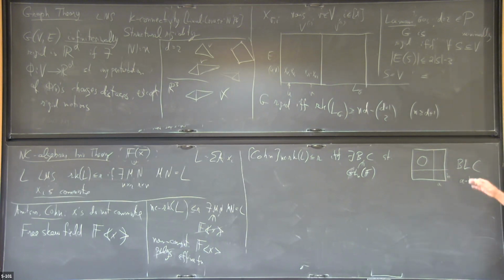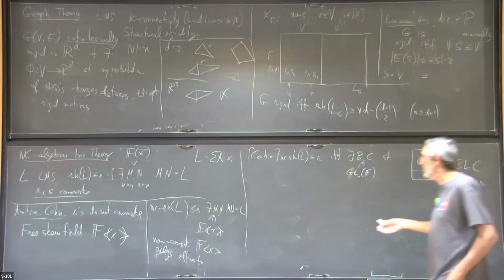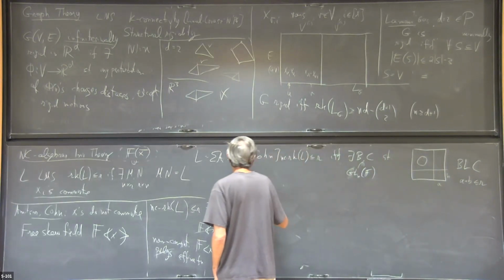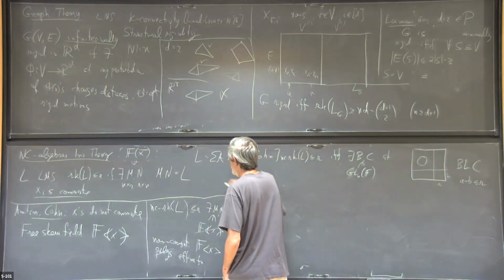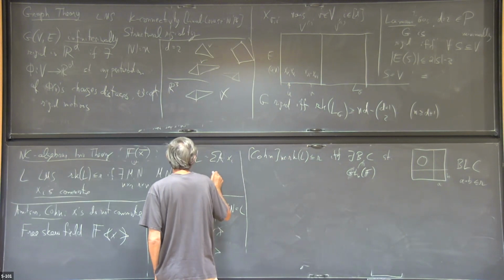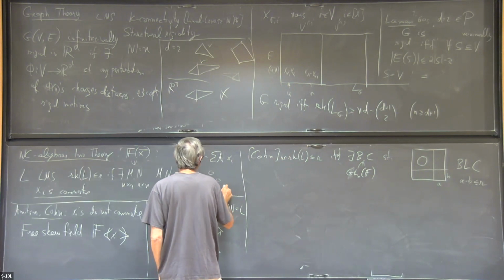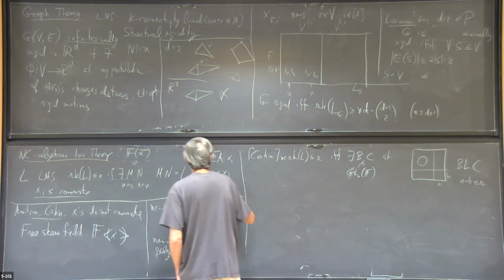So in the non-commutative case, it's an equality. I want to stress that it's not true in the commutative case. There are linear spaces, you probably know that in the commutative setting, so let me draw it here. You can have this famous matrix, with entries X, Y, Z and their negatives.